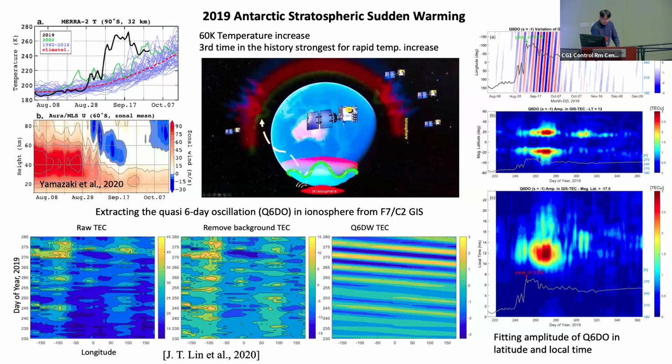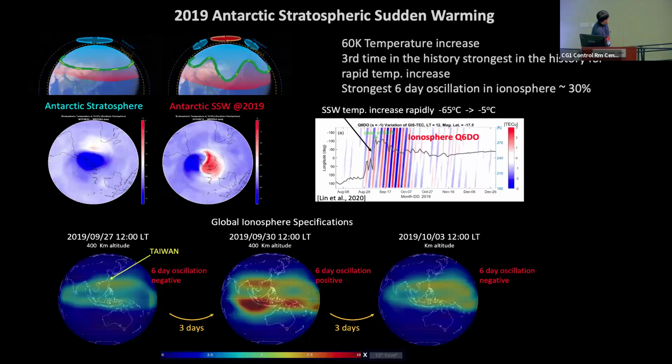And with this kind of product, we can also observe some short-term phenomena in the ionosphere, such as quasi-6-day waves. And we found that during the 2019 stratosphere warming, there were very collocated, very intense quasi-6-day waves. And our product can also observe this kind of structure here.